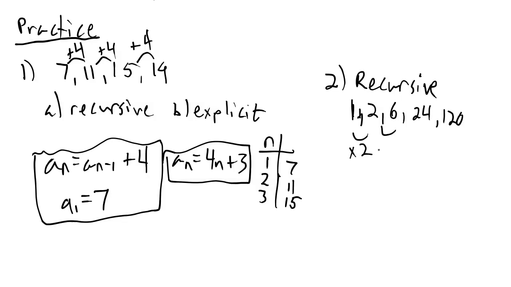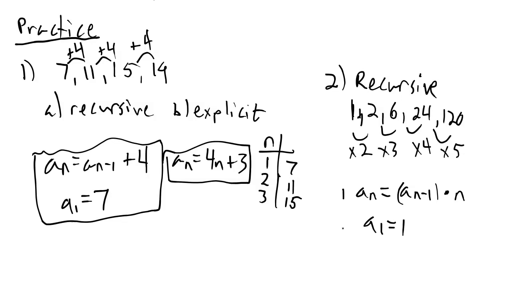So we get times 2, times 3, times 4, and times 5. Right? So to get to the second term, we multiply by 2. So what does this mean? It means that our new term is going to be the old term, multiplied by whatever the term number is. And that will be our recursive formula. Where did we start? We started at 1. So that is section 9.1. Go ahead and get started on the homework and then move on to 9.2.